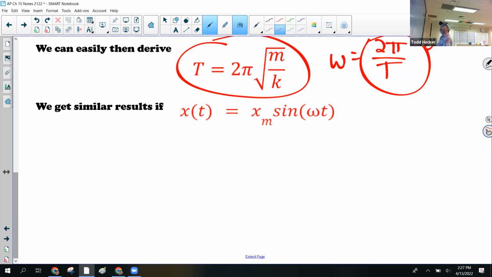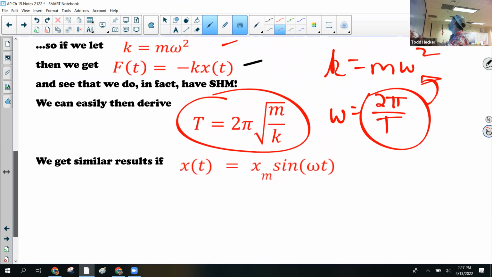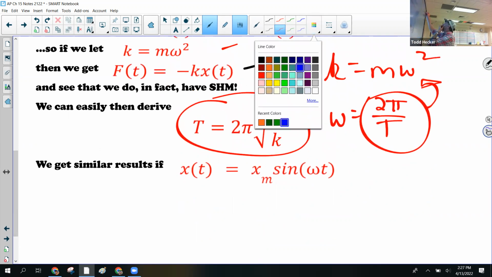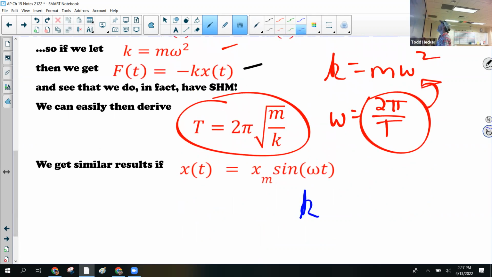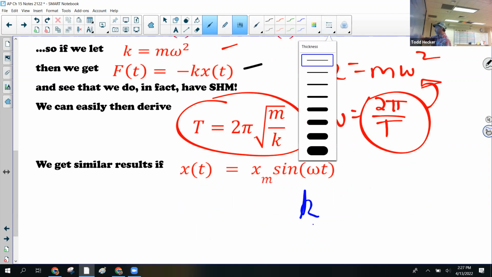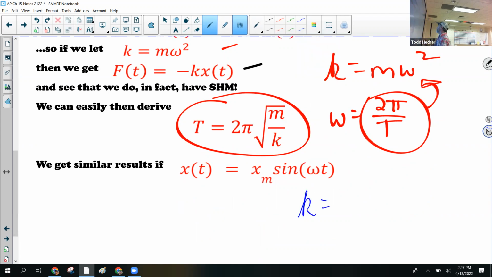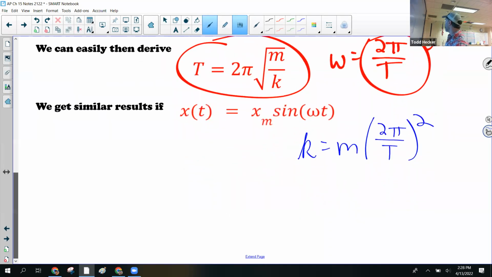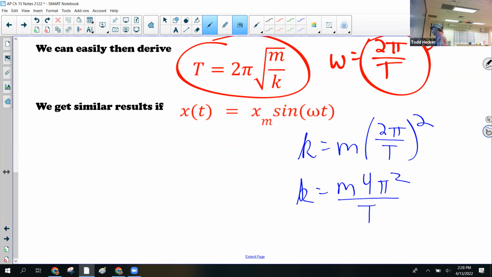All right, so, stupid smartboard. All right, so here we go. So k is m omega squared. So that's m times 2 pi over T, squared. Let's solve for T. So k is m times 4 pi squared over T squared.